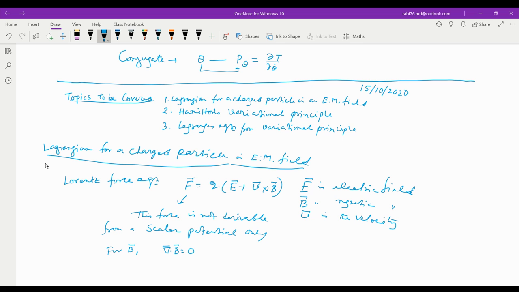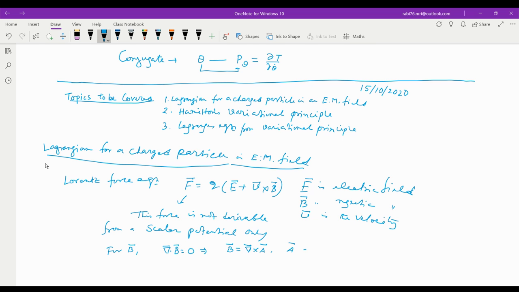This is Gauss's law in magnetostatics. Right? This implies divergence of curl of anything is 0. So B can be written as, therefore B can be written as B equal to del cross of A, where A is the vector potential.